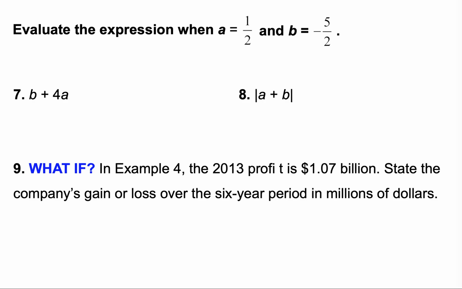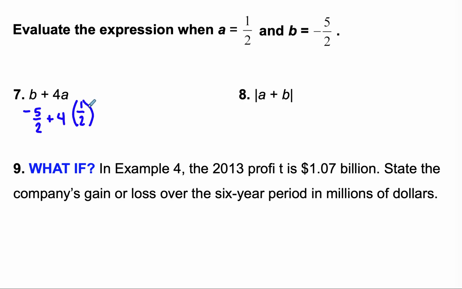So evaluate the expression when A equals 1/2 and B equals -5/2. So B, -5/2 plus 4 times 1/2. Okay, so multiplication comes first. 4 times 1/2, that's like 1/2 plus 1/2 plus 1/2 plus 1/2.